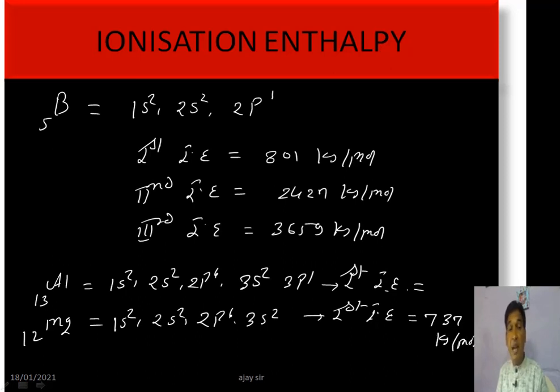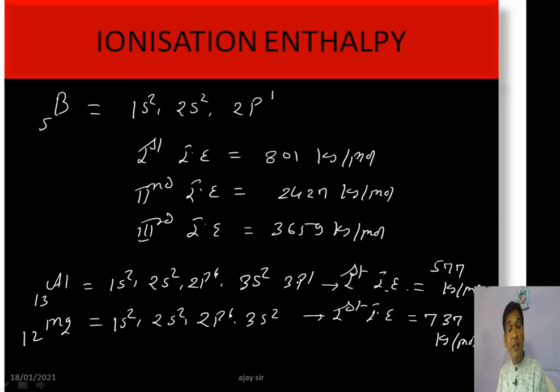But in the case of aluminium, the first electron is ejected from the 3p1, and the required energy is a little lower, 577 kilojoule per mole. It means the first ionization enthalpy of aluminium is less than magnesium, because the first electron is ejected from the less stable 3p subshell.